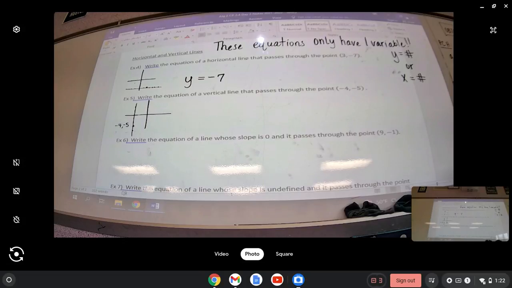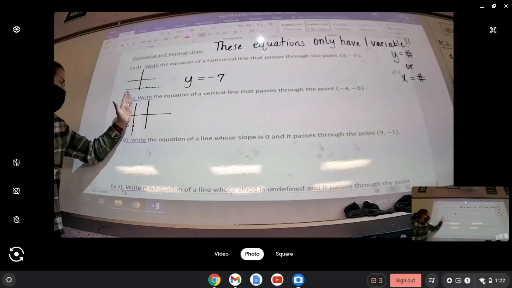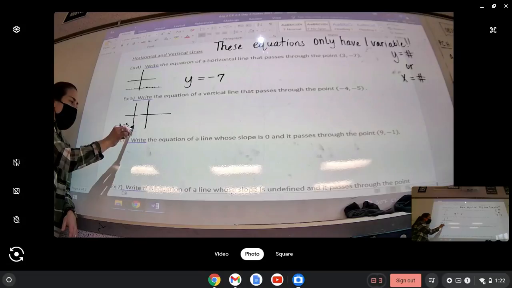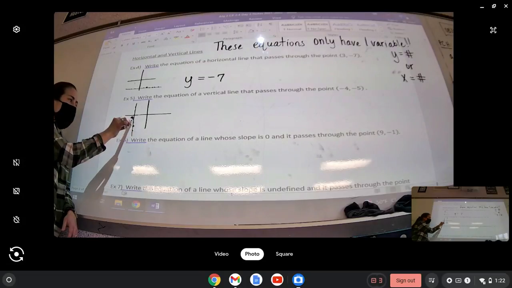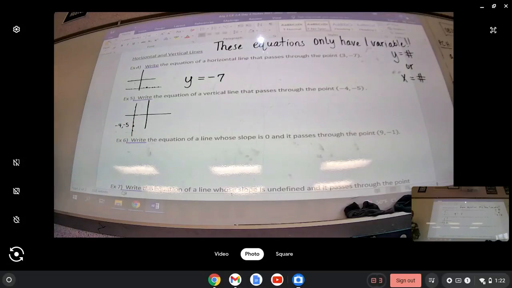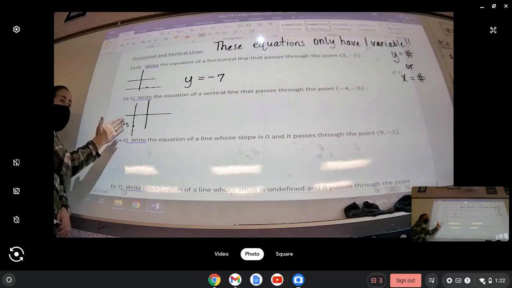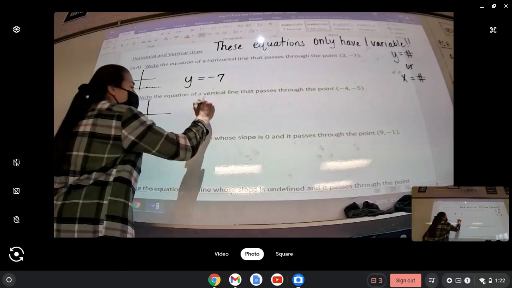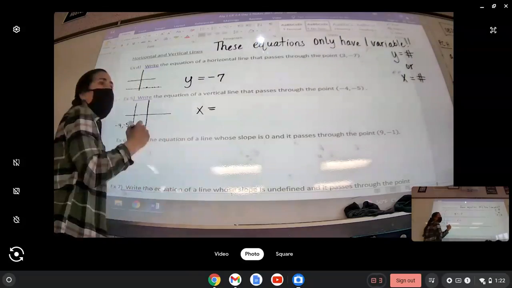Which coordinate never changed? The -4, the x coordinate. But the y coordinate changed like crazy: (-4, -5), (-4, -4), (-4, -3), (-4, -2). Since the x coordinate always stayed the same, this is the line where the x coordinate always equals what?